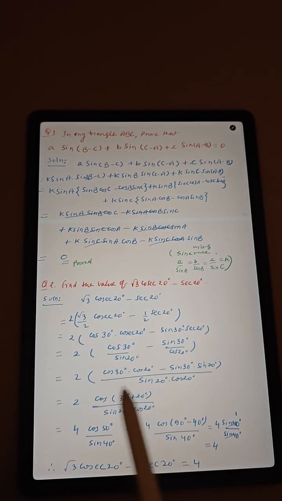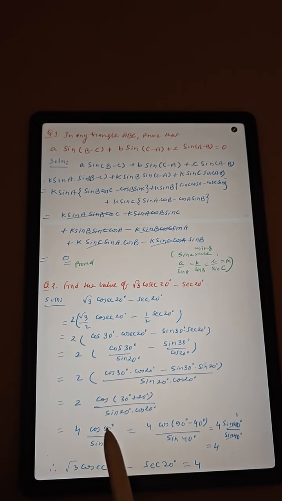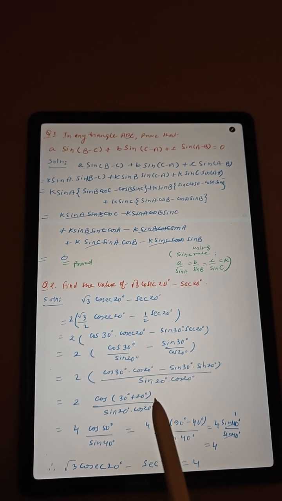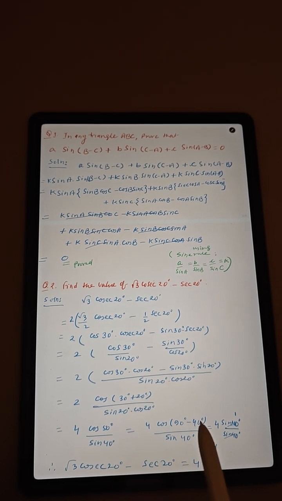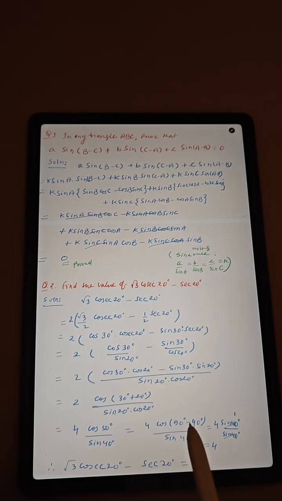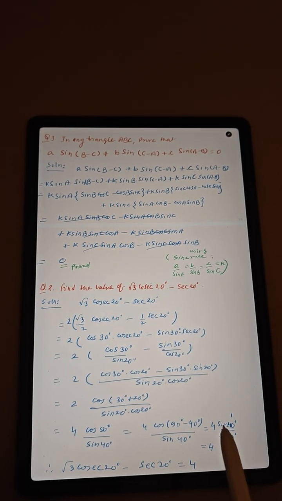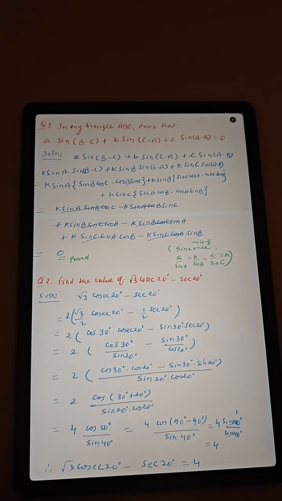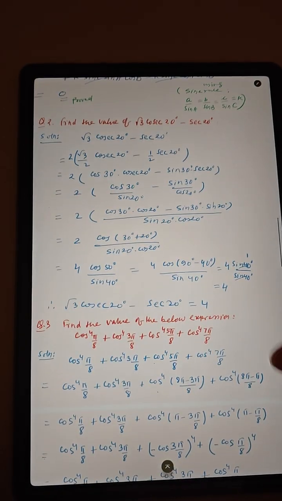Here we multiply by 2, so here also multiply by 2, so 4 cos 50 degree upon, this is twice of sin 20 cos 20, so sin 40 degree. Now 4 of cos(90 degree minus 40 degree), because 50 can be written as that. So cos(90 minus theta) is sin theta, so sin 40 degree, sin 40 degree cancelled, so 4. In this way the value of the given expression is 4.